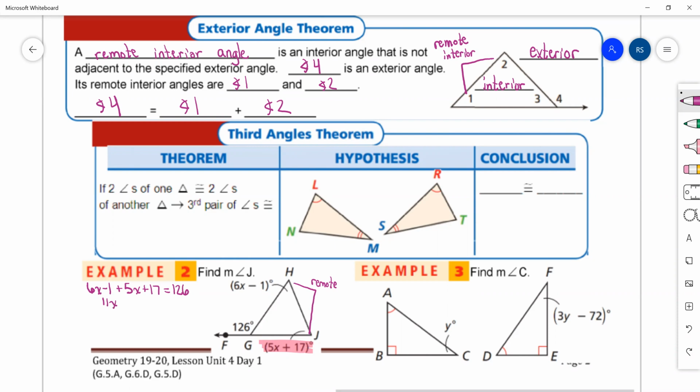Negative 1 plus 17 is 16. 11x plus 16 equals 126. I'm going to subtract 16. 11x equals 110. So x equals 10.